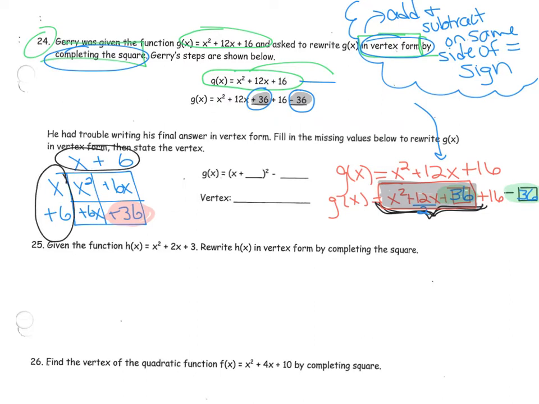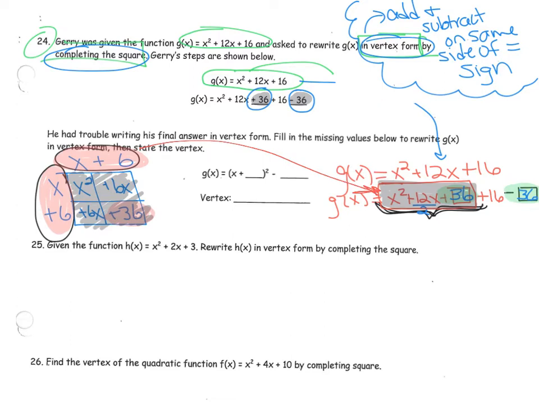Because, guys, when we multiplied them, we got this entire piece. Everything here, and I'll pick a different color. Let's go with the black, okay? That's everything here. So when I multiplied my two binomials, the x plus 6 and the x plus 6, we ended up getting this right here.